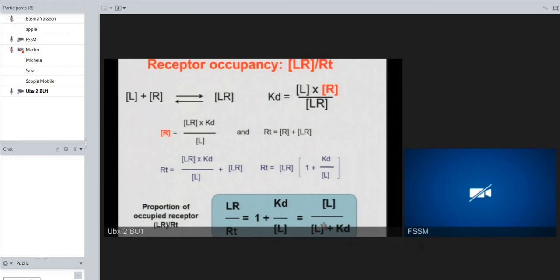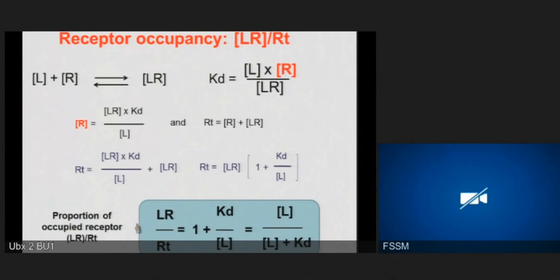On divided by L plus KD. So the idea of this equation is just to have an idea about the proportion of occupied receptor.